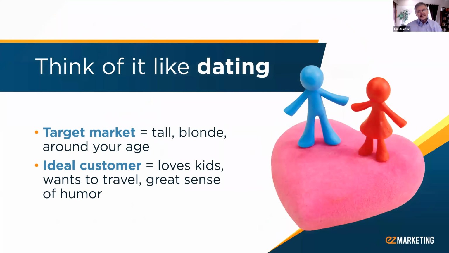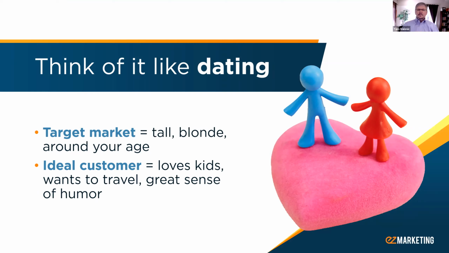Now, you can kind of think of this like dating. I always try to make as simple an example as I possibly can. So my target market, let's say that I really love tall blondes who are around my age. That's the target market, right? But will any tall blonde really work for me? Or does she need to love kids and want to travel and have a great sense of humor?